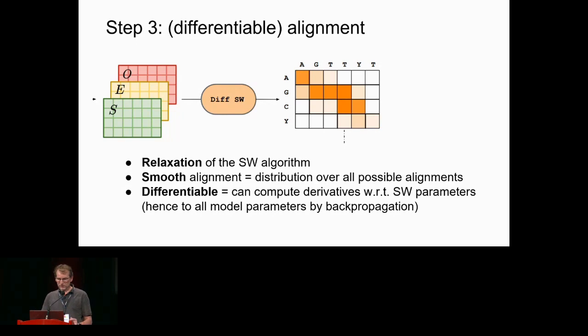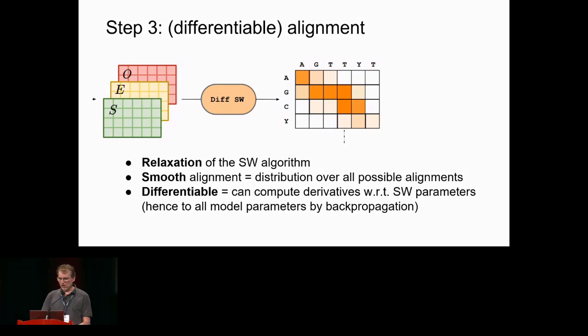The important thing to mention here is that this is a relaxation of the Smith-Waterman. We have a parameter that you can tune to make it become Smith-Waterman, but if you tune it otherwise, it becomes less Smith-Waterman and finds a continuous alignment. Again, the main reason to have that is to be able to compute gradients, how the output depends on the inputs, and to use that to optimize the parameters.